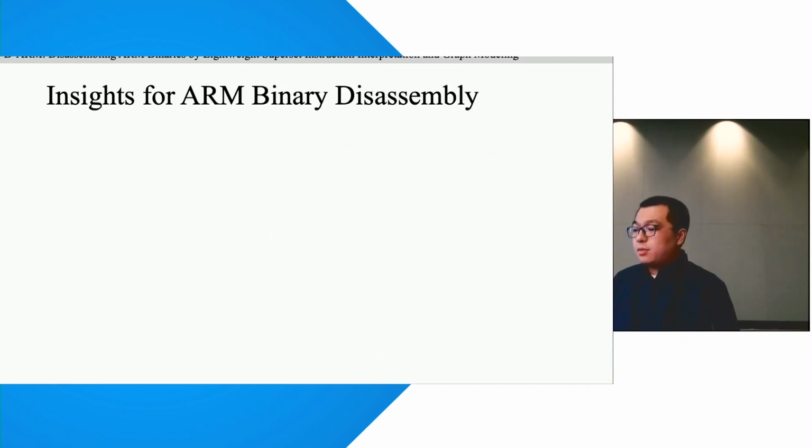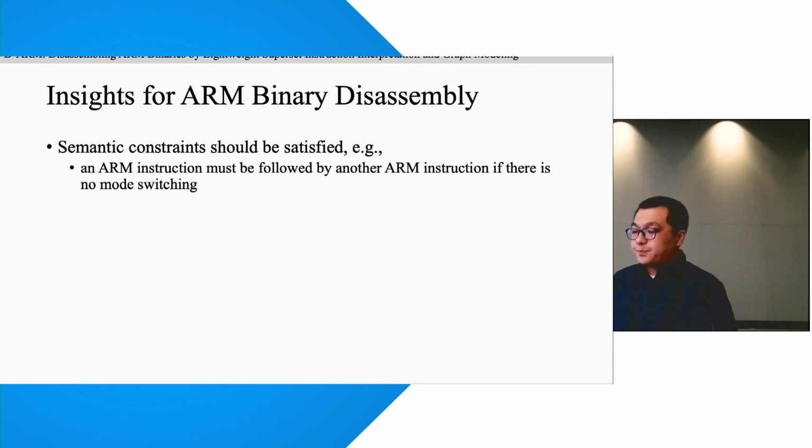Inspired by this example, our technique is driven by two key insights. First, true instructions should satisfy certain constraints between two instruction sets and also between the instructions and data. For example, an ARM instruction must be followed by another ARM instruction if there is no mode switching.